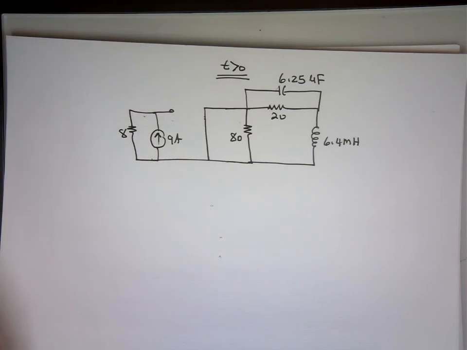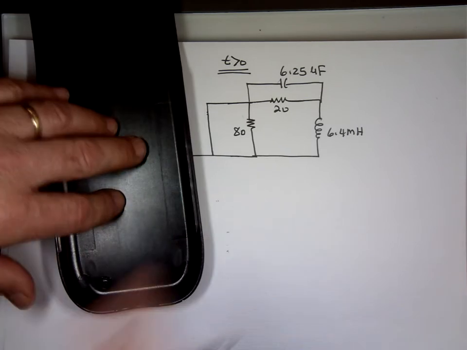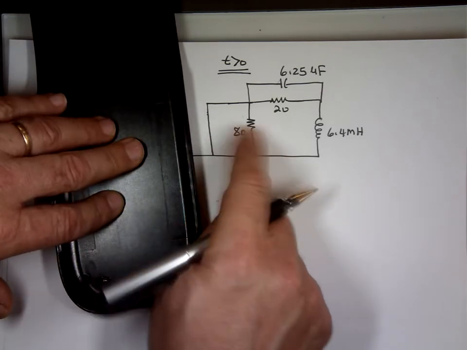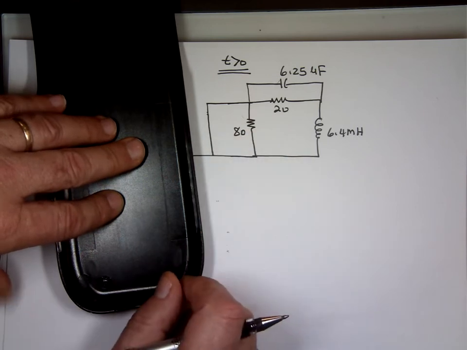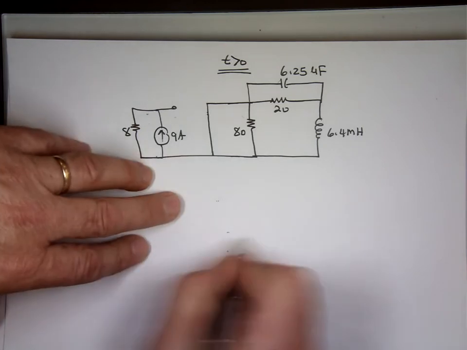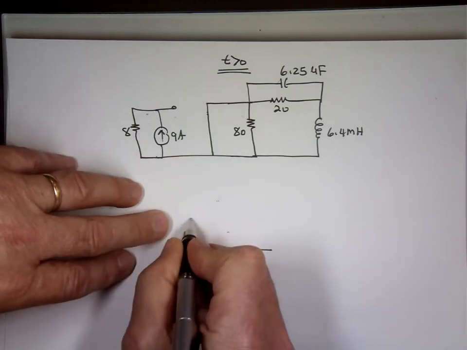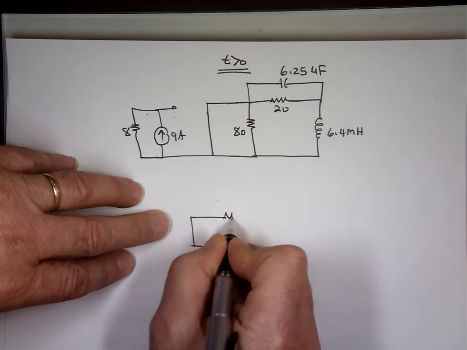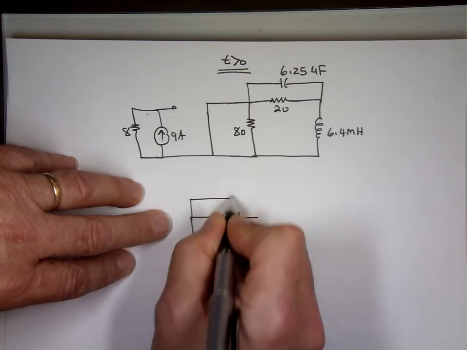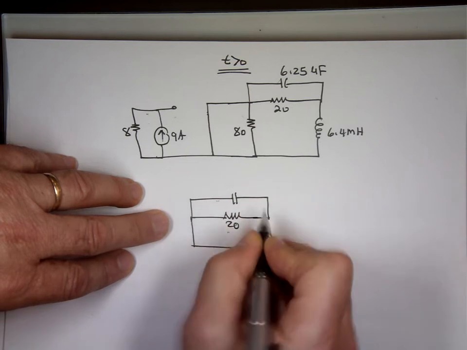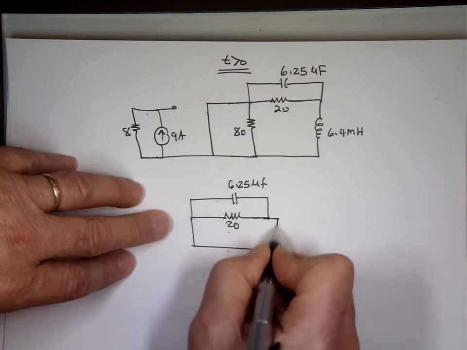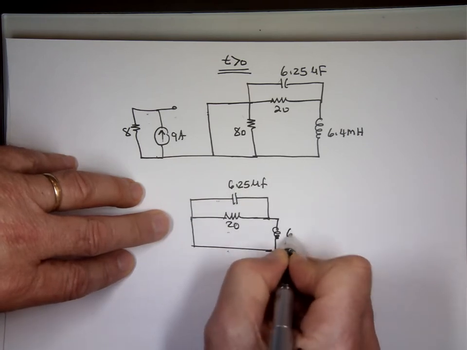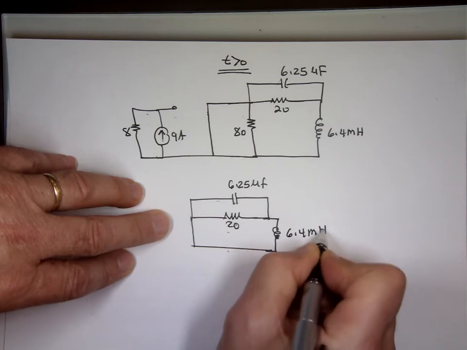Doesn't do me any good. So I can even cover it. Look at that. These two in parallel. What's the equivalent value for them? 0. Right? So what you have is this now. That's what you have.